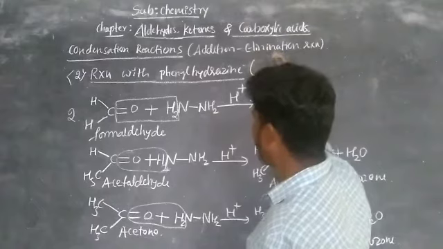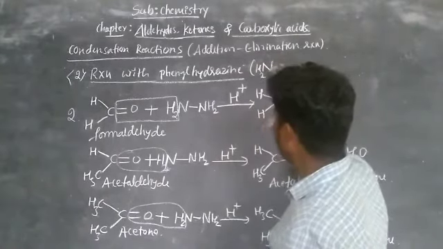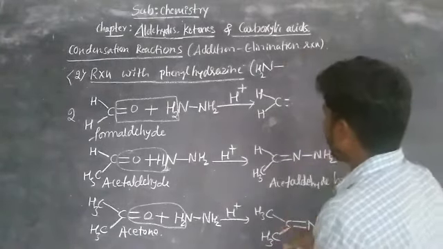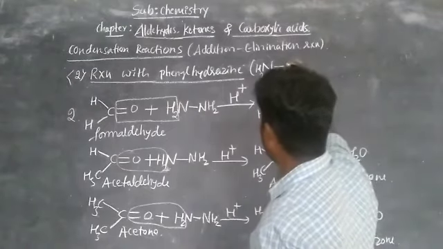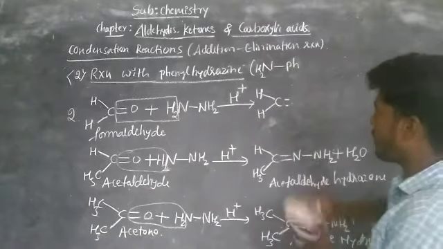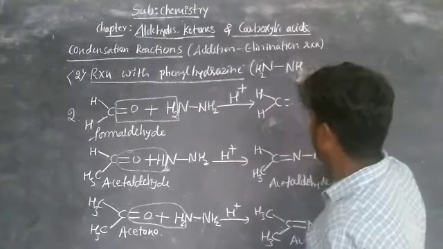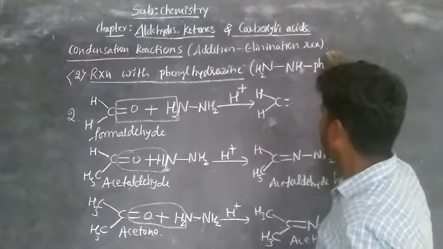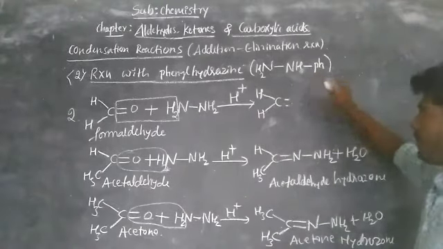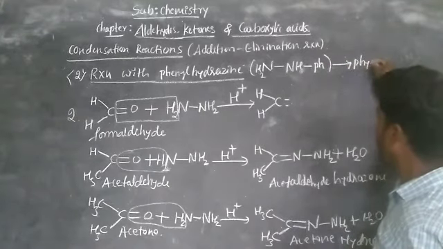In place of H we are writing the phenyl group, that is Ph, or benzene ring. This is hydrazine. Now phenylhydrazine means again write NH2, in place of H we are writing Ph. This is called phenylhydrazine, NH2-NH bond Ph.